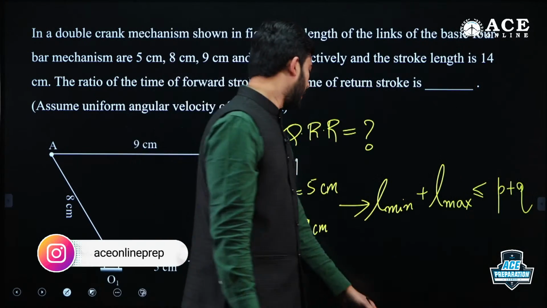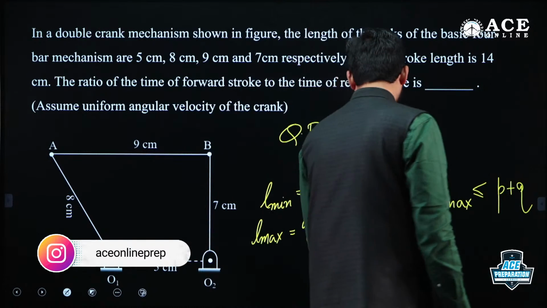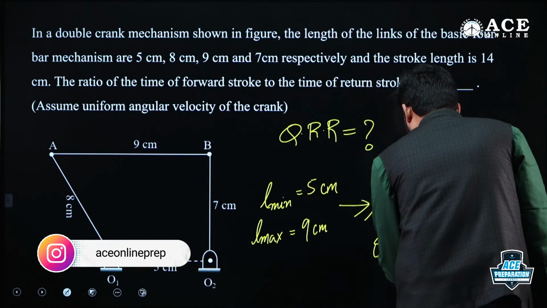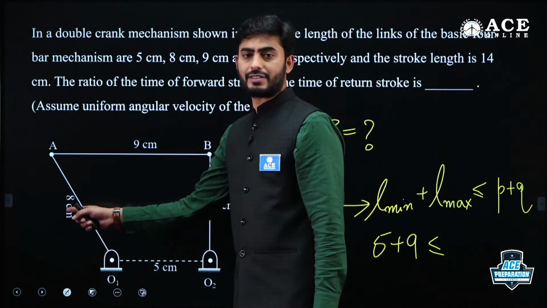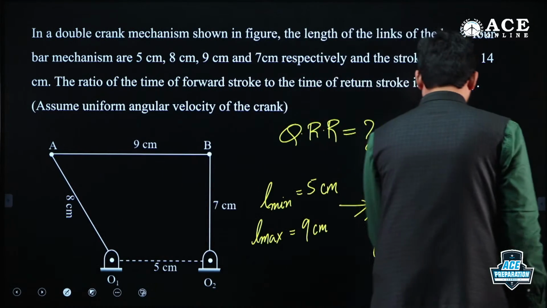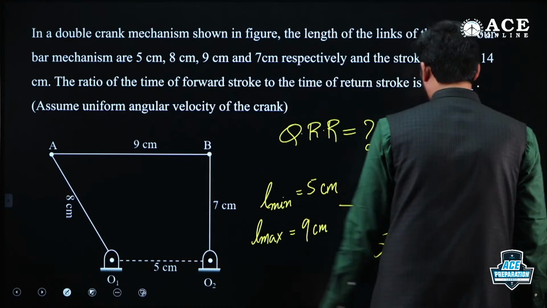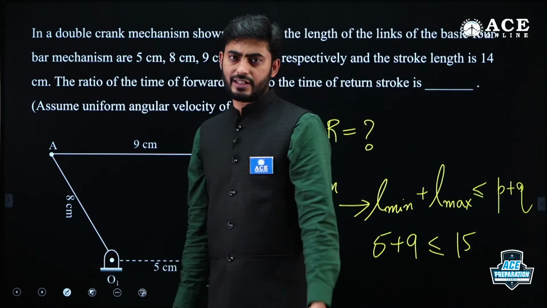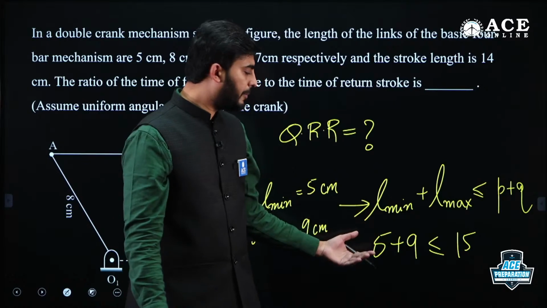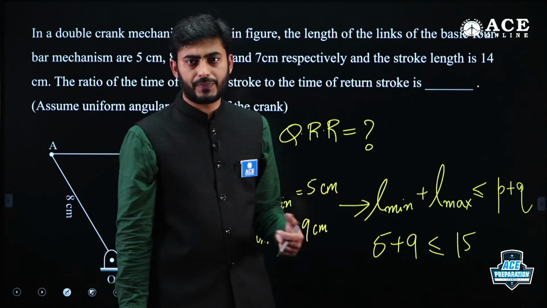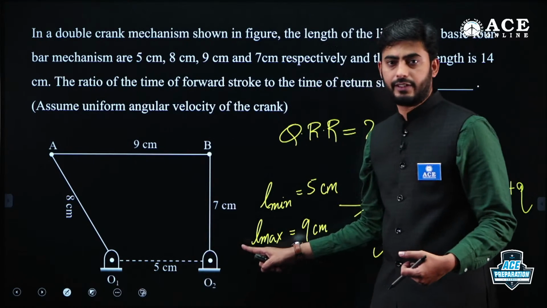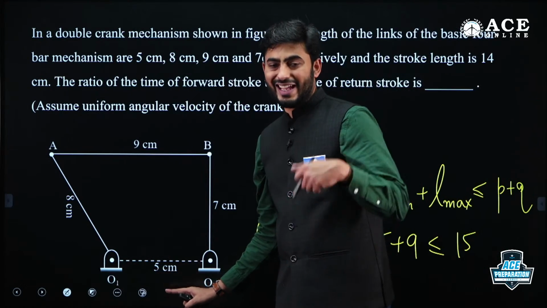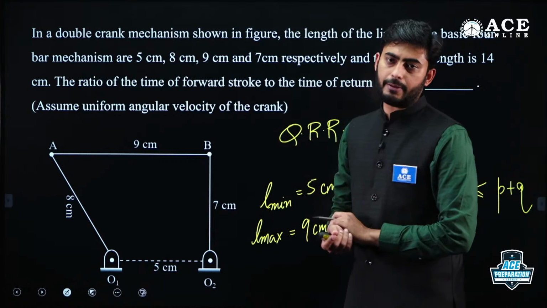So here L minimum plus L maximum is 5 plus 9, less than or equal to the other two, 8 plus 7, that is 15. So 14 is less than 15. This satisfies Grashof's law, and as per Grashof's law, if you fix the shortest link, the result would be a double crank mechanism.